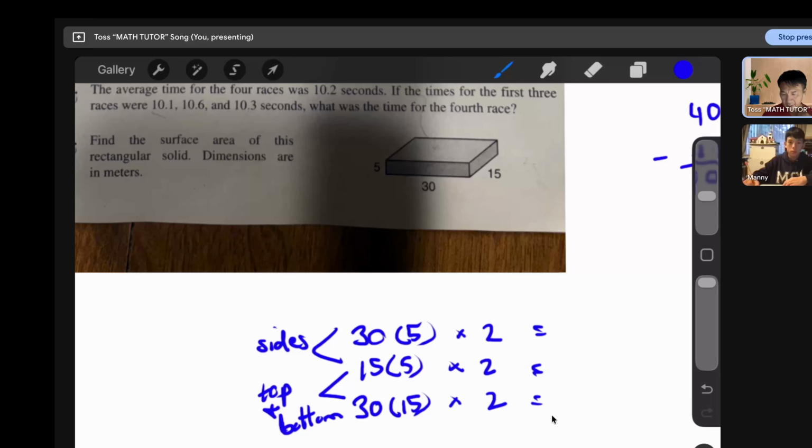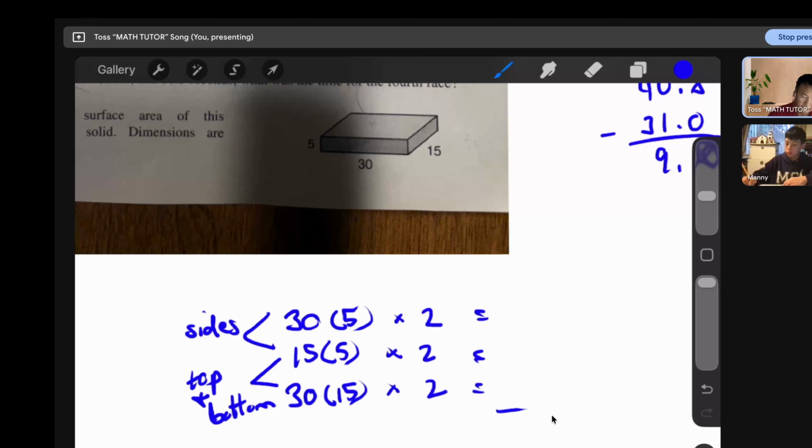All right. And then we add them up, right? So let me see. 150 times 2, that's 300. 15 times 5, 45 times 2. Is that right? No, it's not 45. 75 times 2.